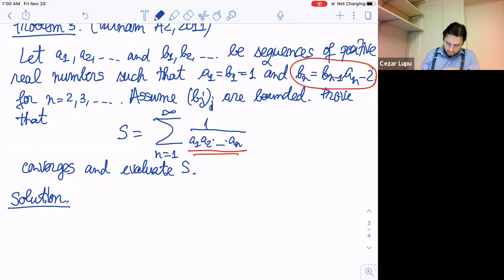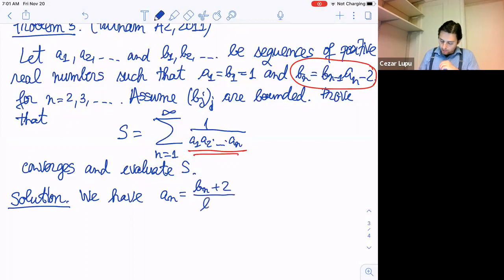So we have that An is nothing else than just Bn plus 2 over Bn minus 1, for all n greater or equal than 2, right?